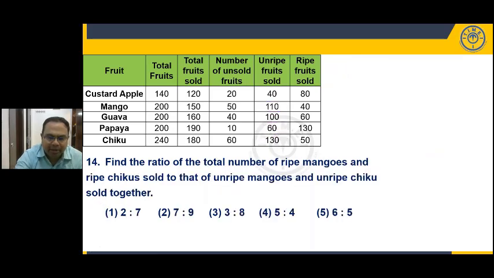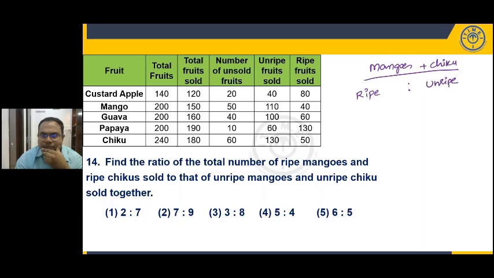Try this, ma. Again, 45 seconds. Mangoes plus chiku. Ripe is to unripe ratio. Correct, Surya?